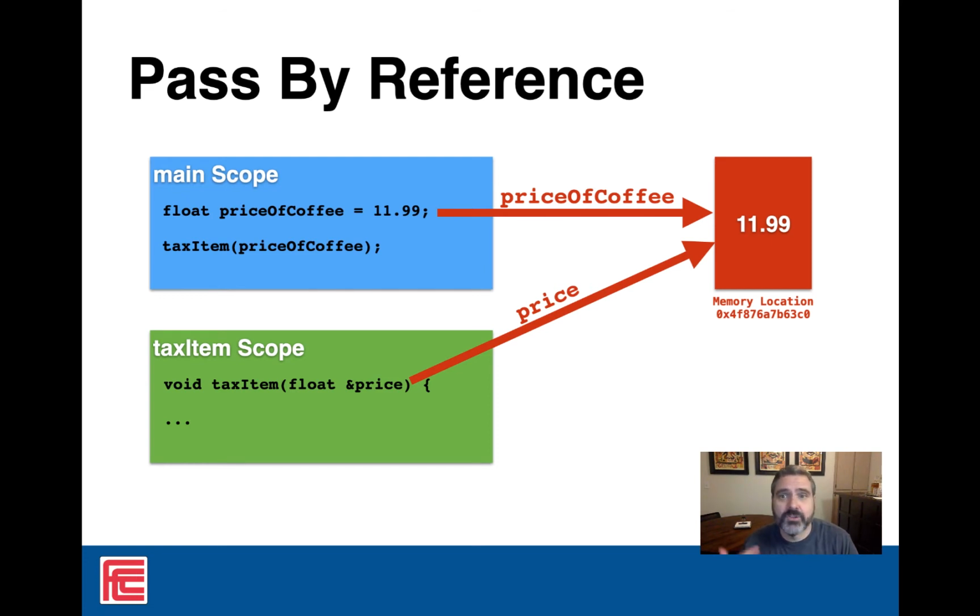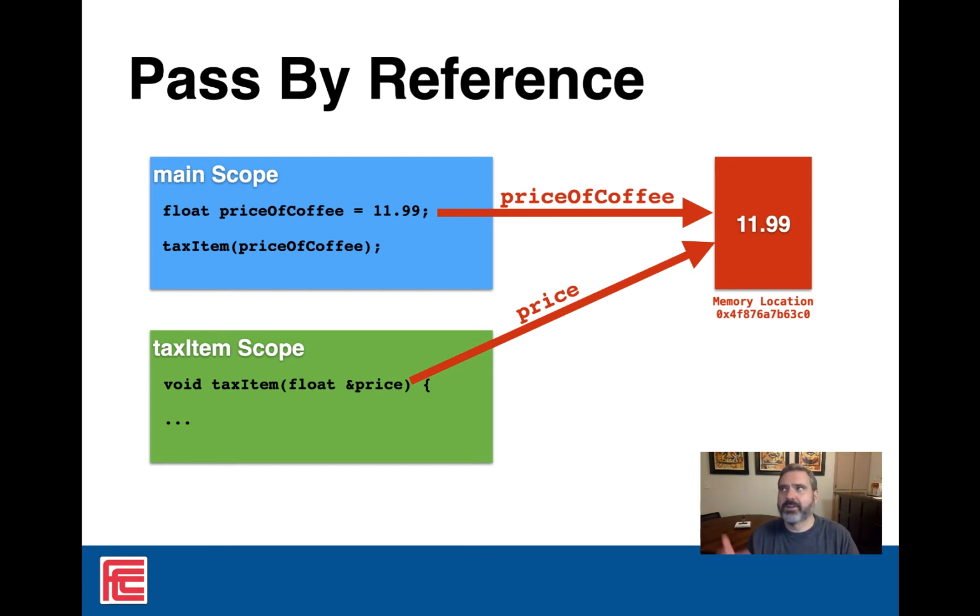The tax item function could use that address. Yeah, I'm getting a copy of the address, but that address is pointing specifically to a location. If I make any changes to the price in tax item, when I go back into main, those changes are going to be real.